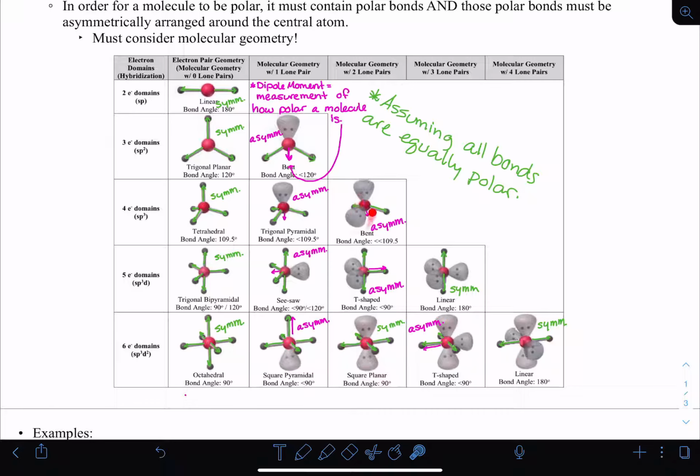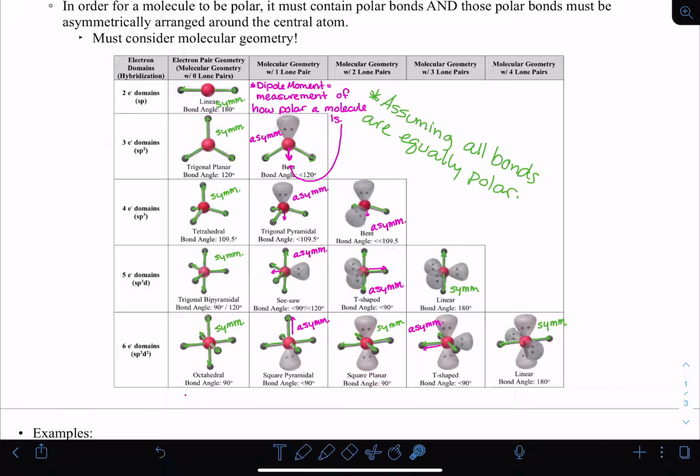Same here, these two lone pairs push those two bonds in the same direction, giving us that bent shape. So again, all of these sort of thought processes that we just went through are assuming that all of the bonds are equally polar, which is not necessarily always the case.